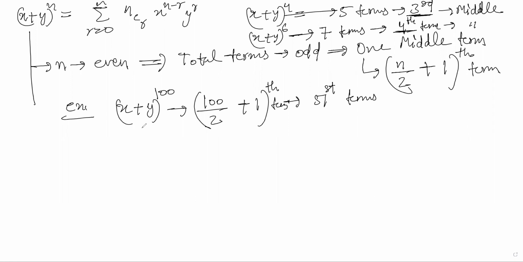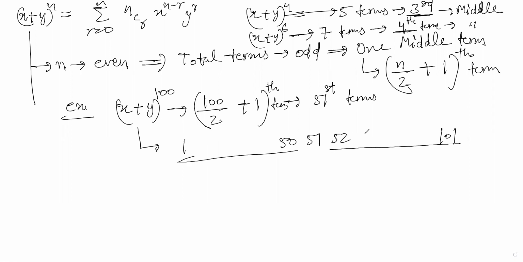And that makes complete sense. Why? There will be 101 terms total. So if you talk about the 51st term, there will be 50 terms behind it and 50 terms after it. This is the middle term. So we are doing that only. With n by 2, we are dividing the total number of terms into 2 parts. And this is your middle term.